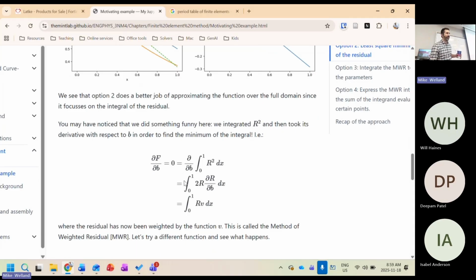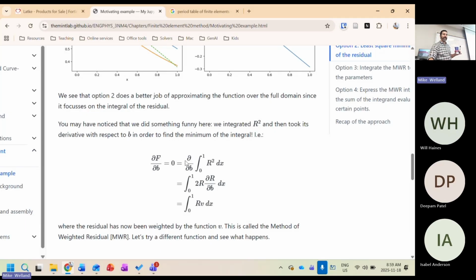If you go back and look through the math, what we did was we calculated r, we integrated it, and then we took the derivative with respect to b. Right? That was the path that we went. You can always move that derivative inside your integral. So this guy, we've minimized the residual here.